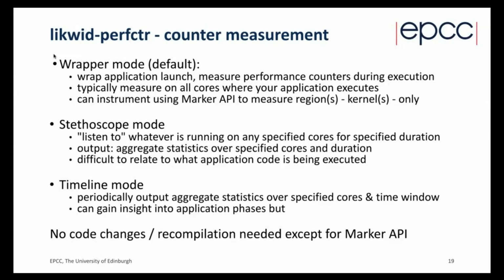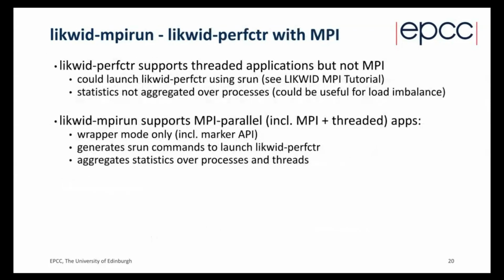So what's nice about using LIKWID to do performance counter measurement is that you don't need to do any code change or recompilation, unless you want to use the marker API. likwid-perfctr can be used with serial and with threaded OpenMP or pthreads applications, but not naturally with MPI applications.